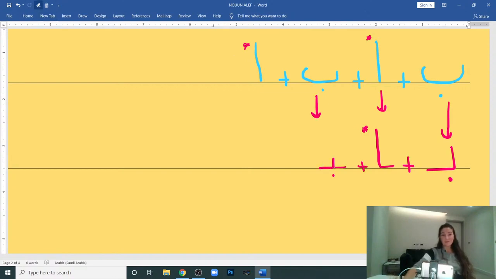But remember, I won't need this tail, so I'm going to erase it. So it looks as if you're starting a word from the beginning again. Plus, you have the middle form of the alif. Now everything is in front of you. You have ba, alif, and you join it together. You put the tails on top of each other.